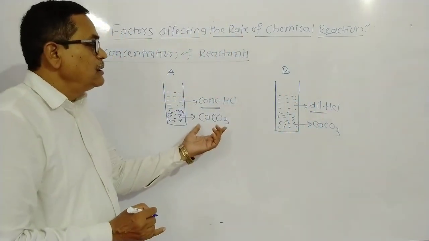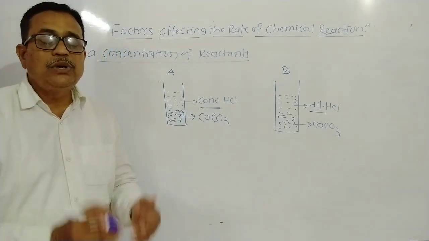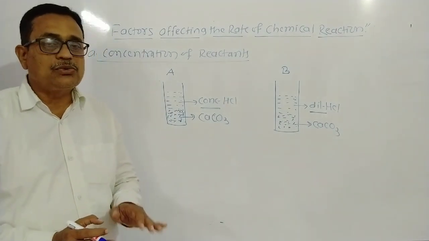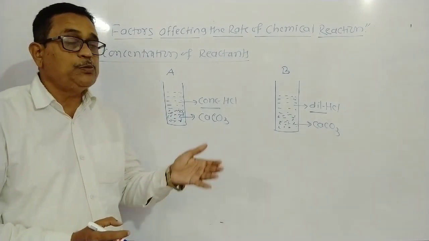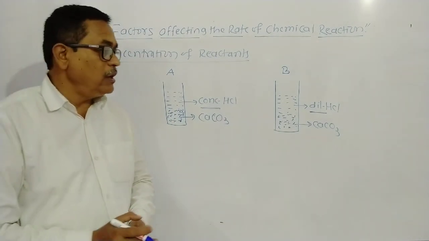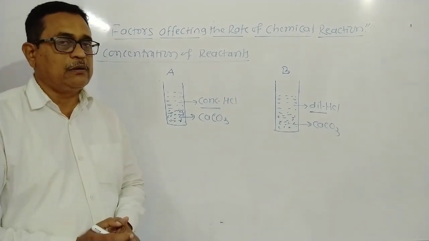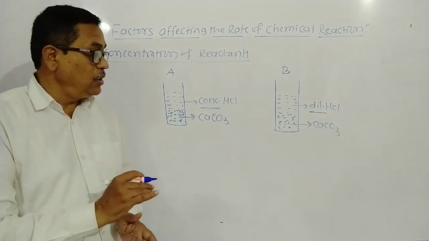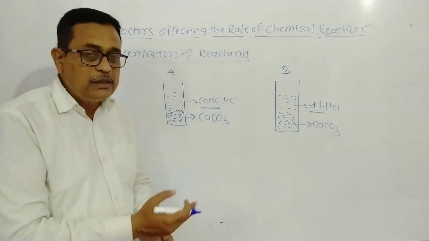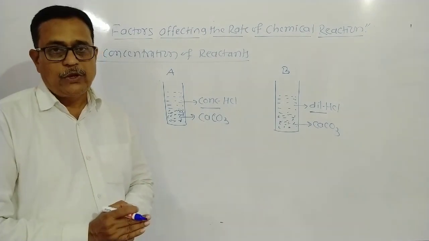In this way, there is a difference in their concentration. Dear student, in which test tube is the rate of reaction greater? Imagine here. You know that the speed of reaction depends upon the concentration of reactant. If the concentration of reactant is greater, then the speed of reaction is greater.